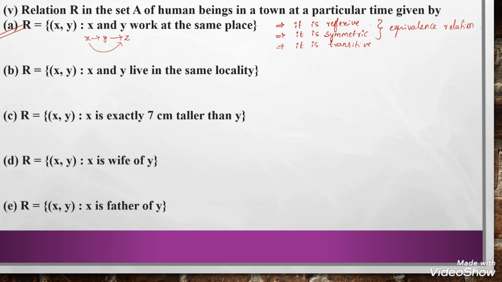Now, I will consider the second relation, x comma y such that x and y live in the same locality. Same locality here is similar to the first condition. Same locality, same place, both are synonyms.